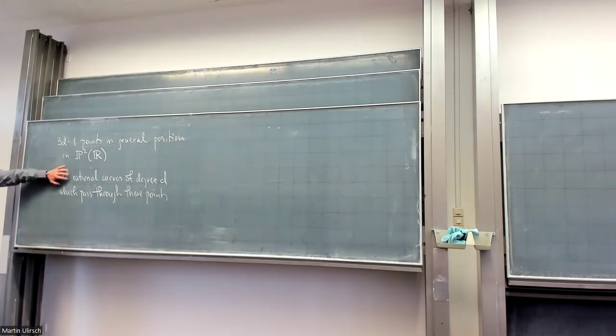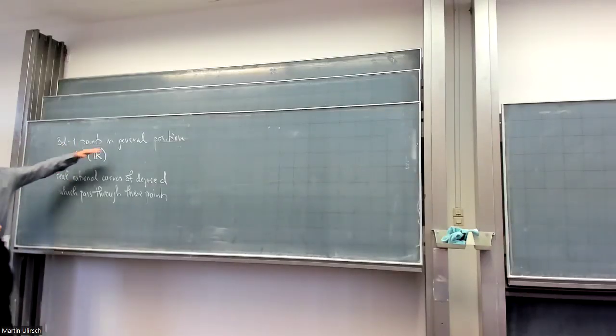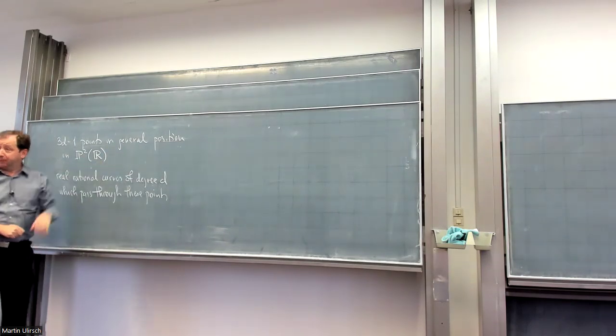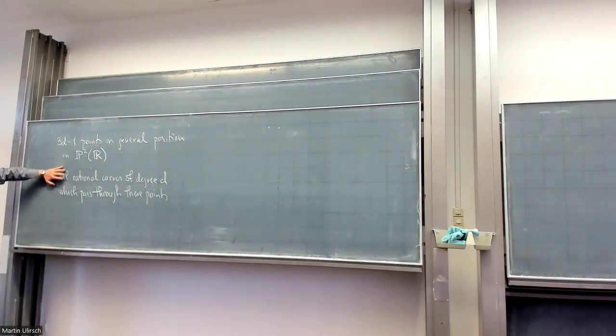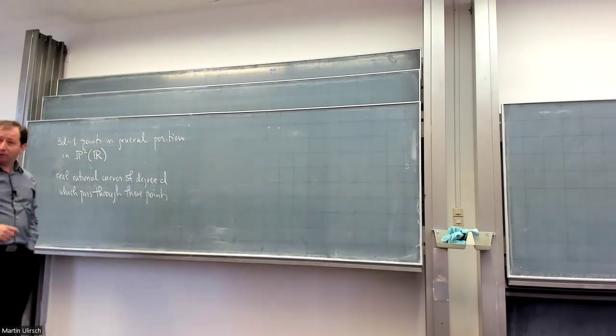If you enumerate complex rational curves of degree d which pass through my points, then the result does not depend on the choice of points, provided the points are in general position. This number has many names. It coincides with the genus 0 Gromov-Witten invariant of P2.